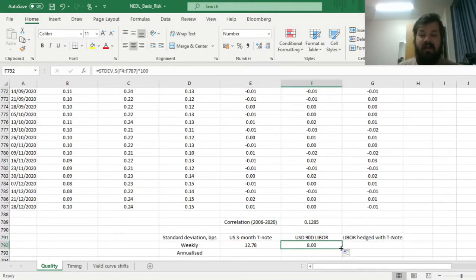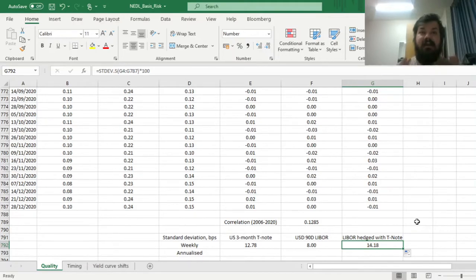And if you look at the volatility of the hedged position, so the difference between the LIBOR rate and the Treasury note, the payoff that you would have received if you're exposed to the LIBOR rate in the first place, but then you negotiate a swap where you pay fixed and receive the Treasury note yield, well, the volatility of such a position would be 14.18 basis points per week.